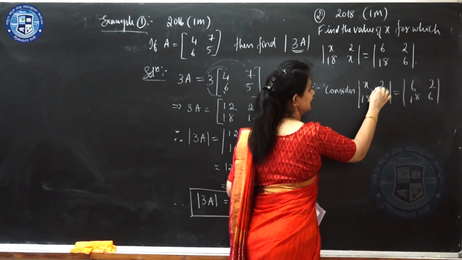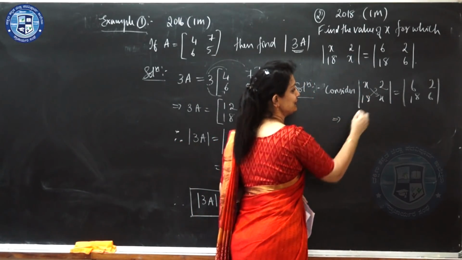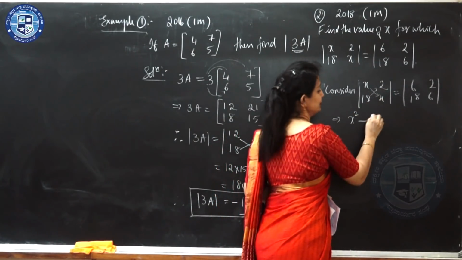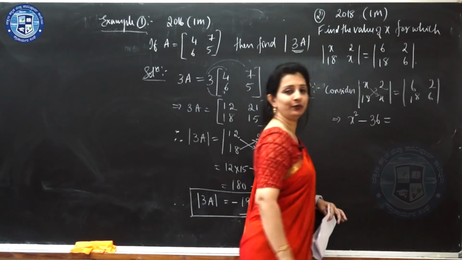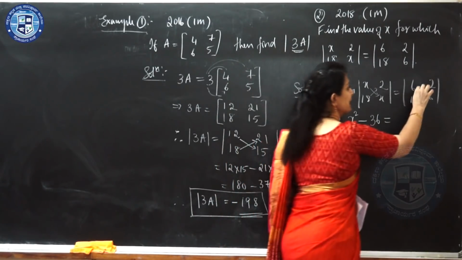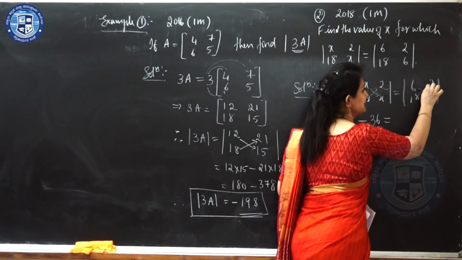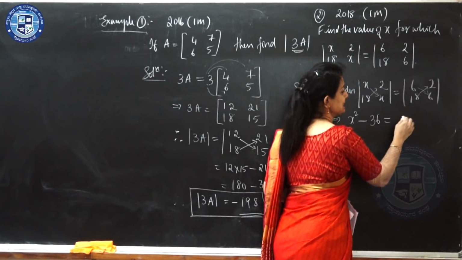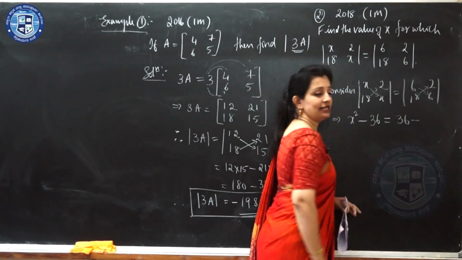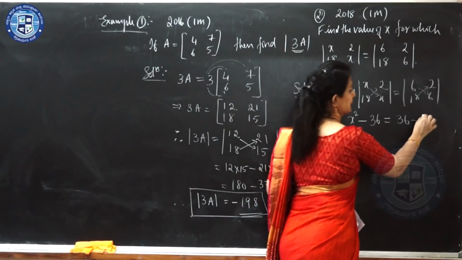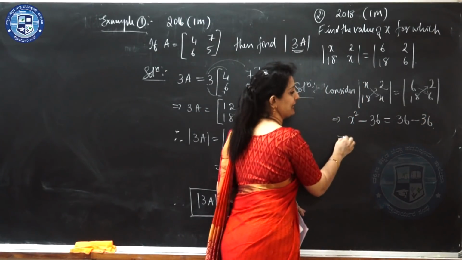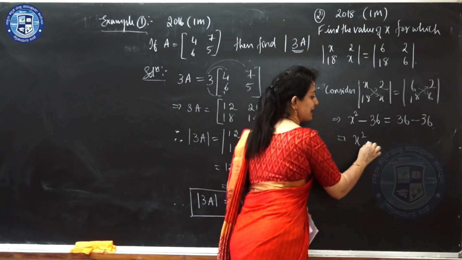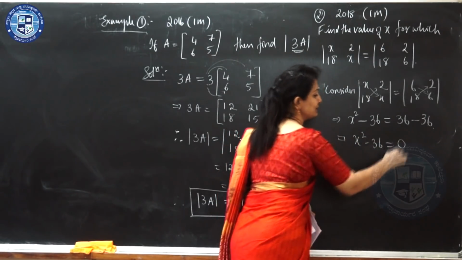Cross multiply, students, which implies x into x, x square, minus 18 into 2, 36, is equal to the product of diagonal elements 6 into 6, 36 minus 18 into 2, 36. Okay, so what do we get? 36 minus 36, 0. So it is x square minus 36 is equal to 0.